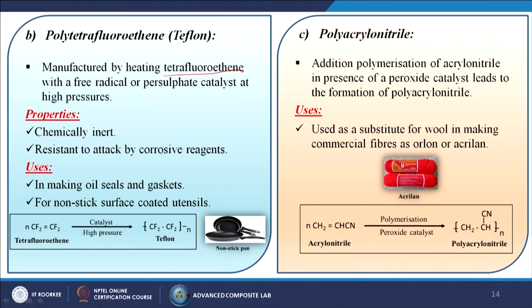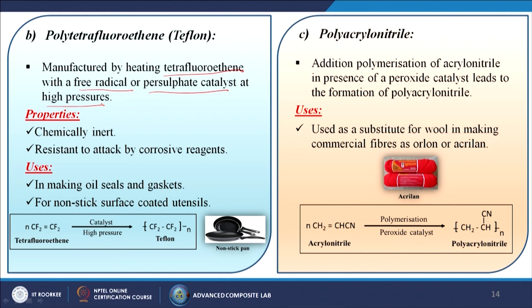Next we are going to give the example of polytetrafluoroethylene. Polytetrafluoroethylene is also known as Teflon. It is manufactured by heating tetrafluoroethene with a free radical or maybe a persulfate catalyst at high pressures. What are the properties? Generally it is chemically inert, and resistant to attack by corrosive reagents.